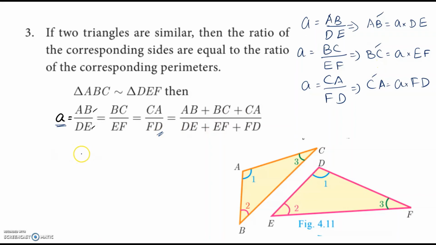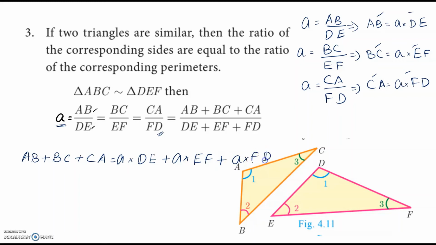So I'm going to say AB plus BC plus CA is equal to, and let's put a right hand side here, A times DE plus A times EF plus A times FD.